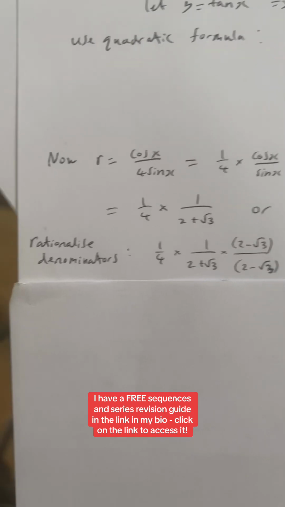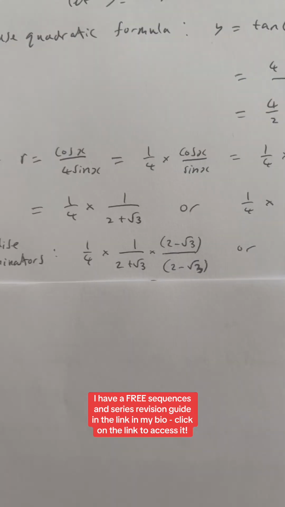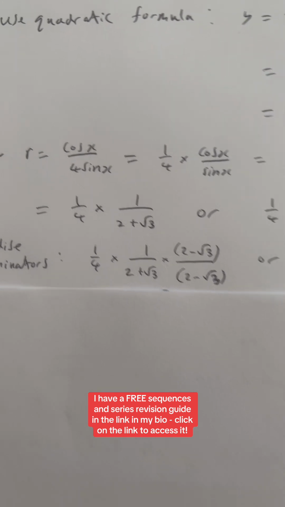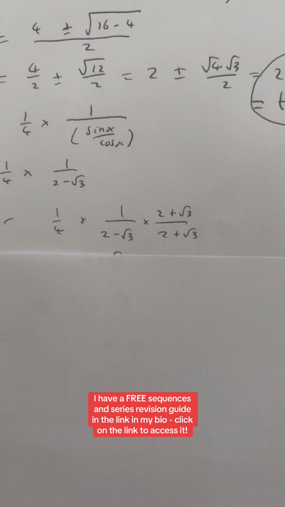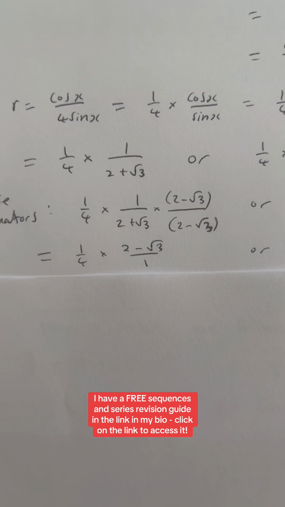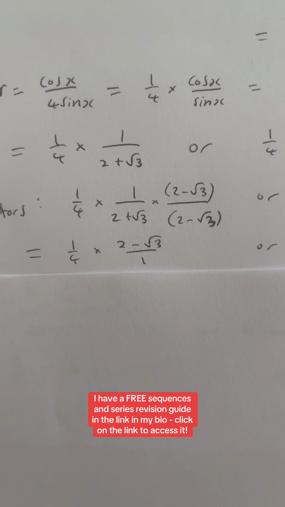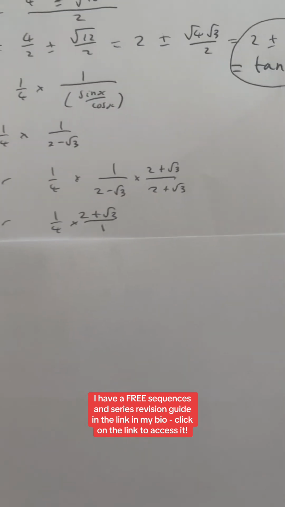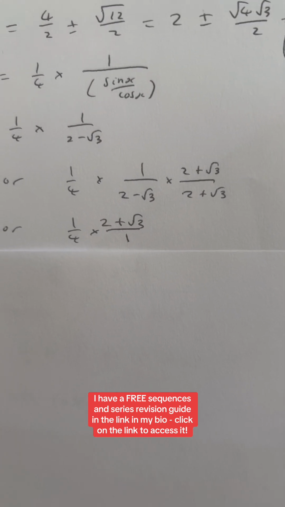We know that tan x is 2 plus or minus root 3. We worked that out, so plug in those tan values. Now we can rationalize the denominator just to make these numbers look a bit more simplified. Once you do your rationalizing and simplification, hopefully you'll see that you get a quarter times 2 minus root 3 over 1, or alternatively, a quarter times 2 plus root 3 over 1.